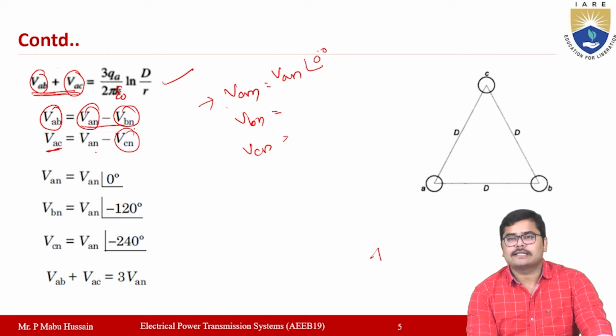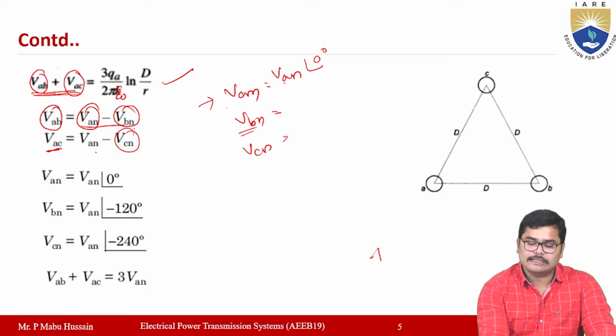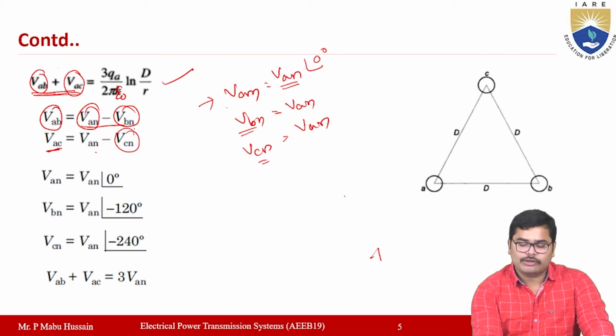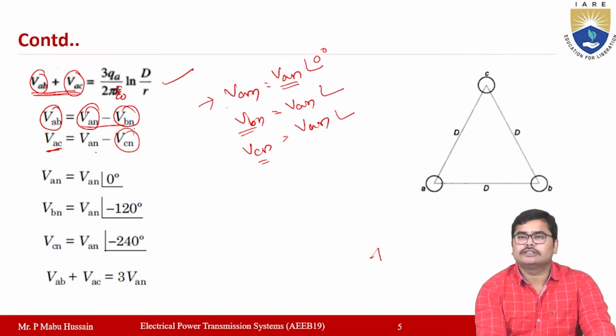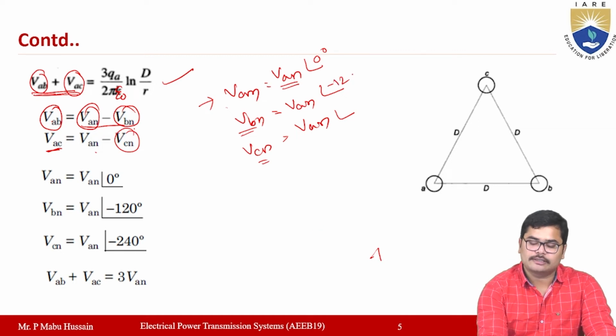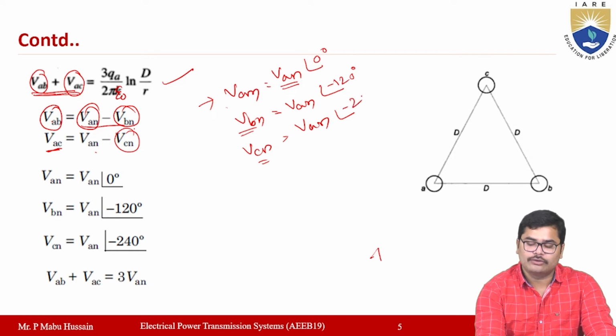In a 3-phase balanced system, magnitudes will be the same, so VBN and VCN will have the same magnitude as VAN. But if you observe the angle, VBN will be lagging VAN by 120 degrees, so minus 120 degrees, and VCN will be lagging VAN by minus 240 degrees.